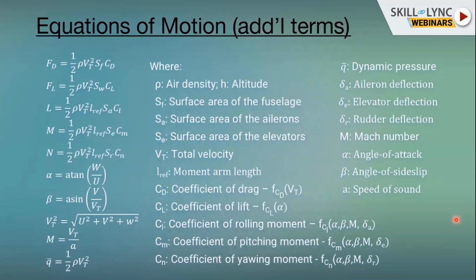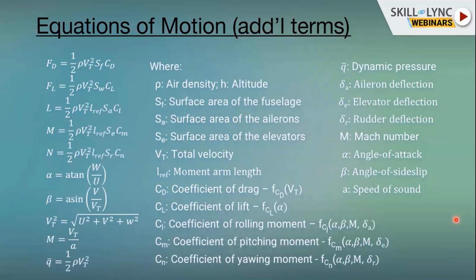There is an international standard atmosphere which, given the altitude, generates the air density and speed of sound at that altitude. So once you know the speed of sound, you can compute the Mach number knowing your own aircraft velocity. You have an air data sensor on board to provide that information. Q bar, as I mentioned before, is half rho Vt square.